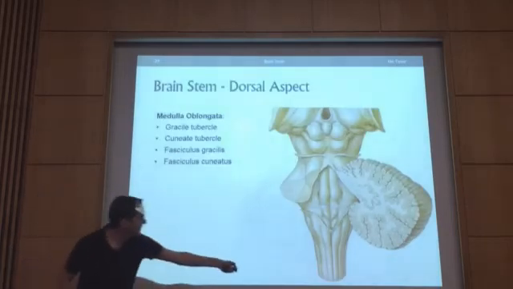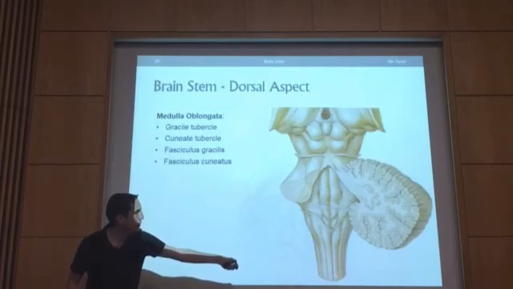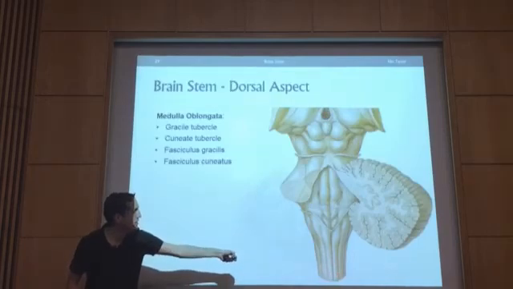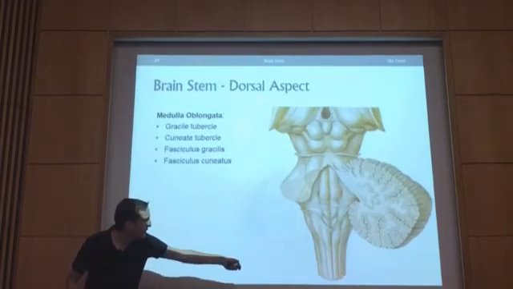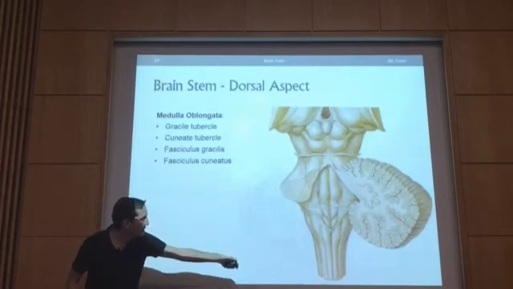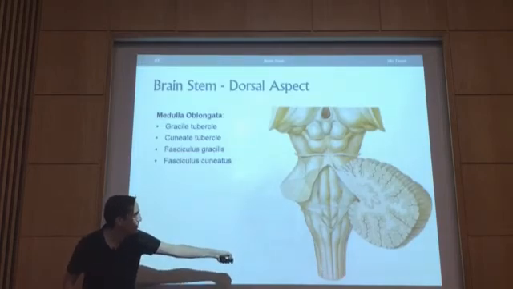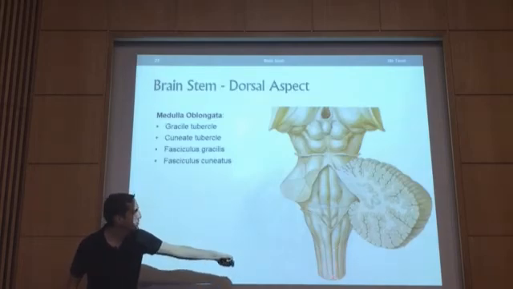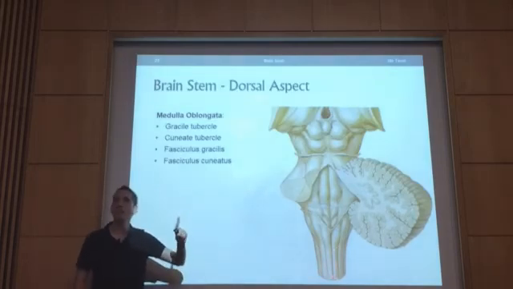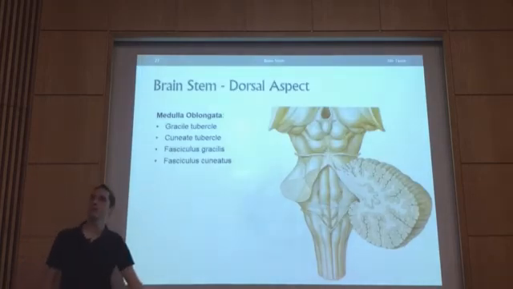This is the fasciculus gracilis of one side, and this is the fasciculus gracilis of the other side. This is the fasciculus cuneatus, and this is another fasciculus cuneatus. And the fasciculus goes throughout the spinal cord.